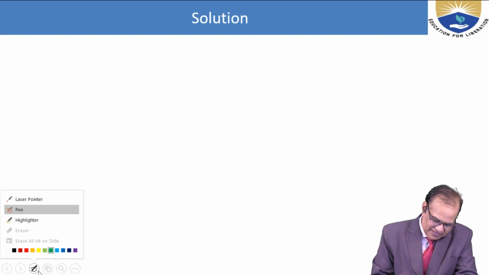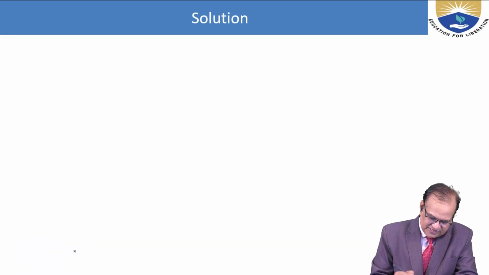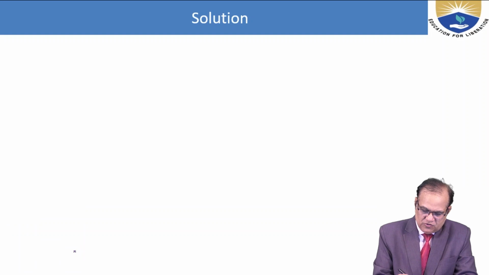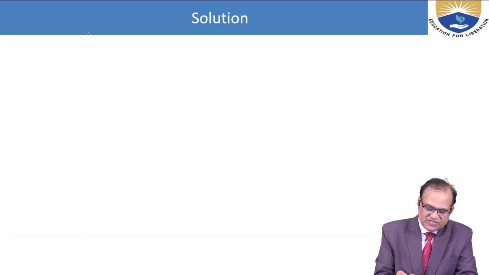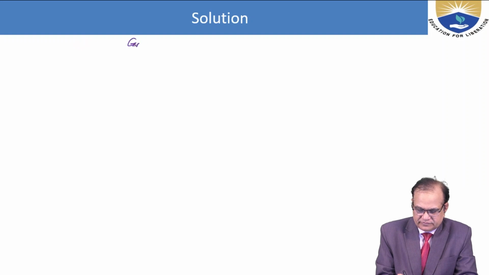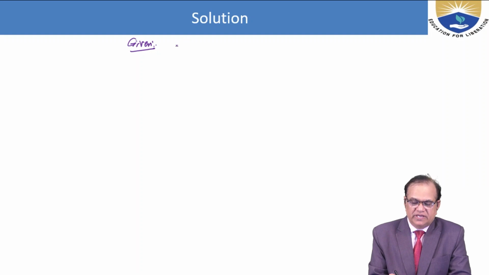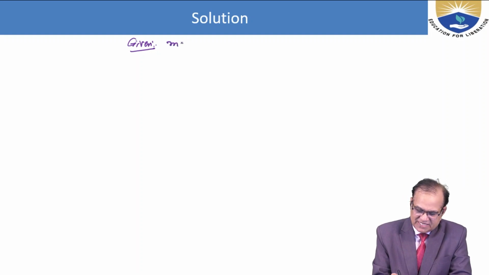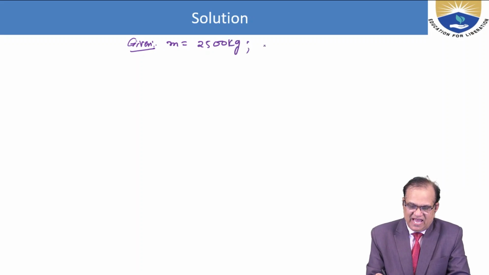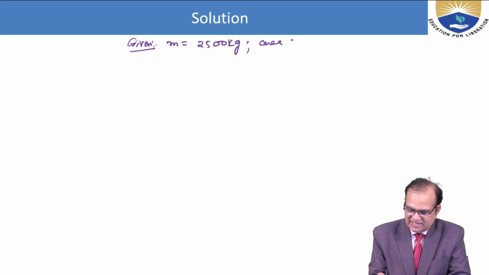First we will see what parameters are given. Mass M is equal to 2500 kg and area S is equal to 18 square meter.